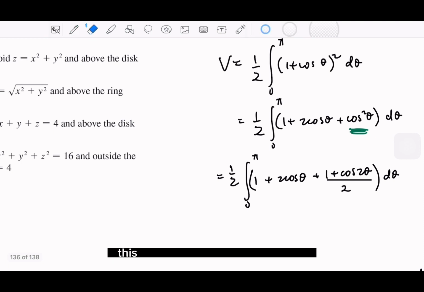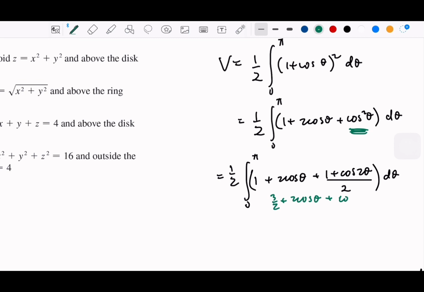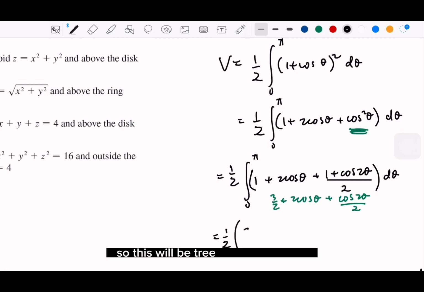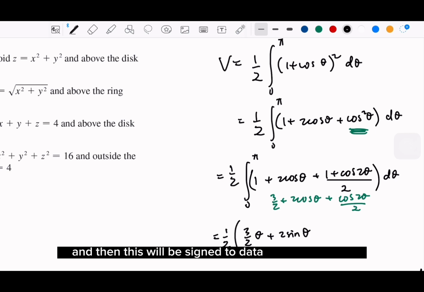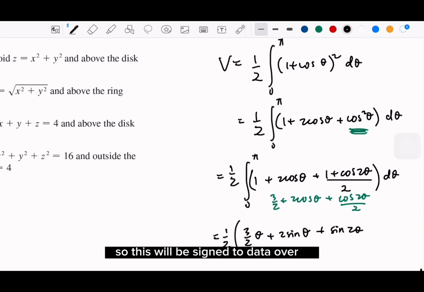So if we add, this will be 3 over 2 plus 2 cosine theta plus cosine 2 theta over 2. So let's integrate. So this will be 3 over 2 theta plus 2 sine theta, and then this will be sine 2 theta over 2, so this will be sine 2 theta over 4, and then plug in 0 to pi.